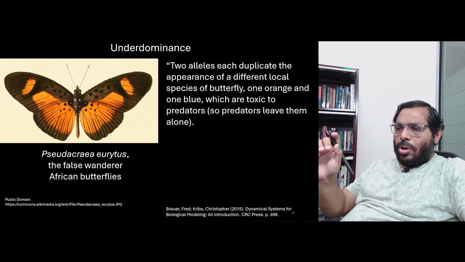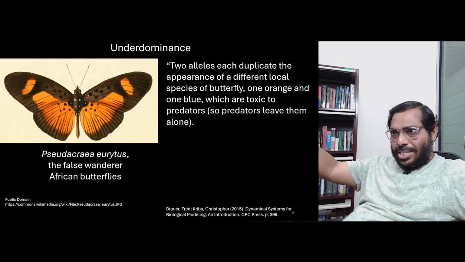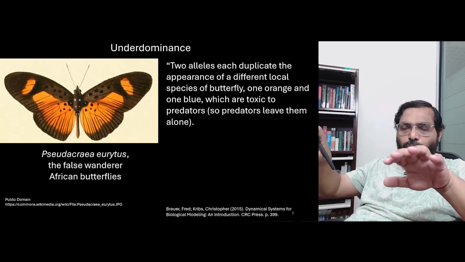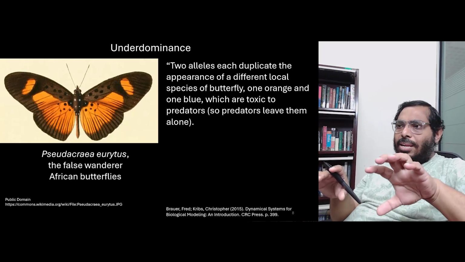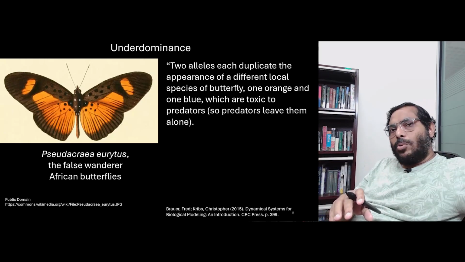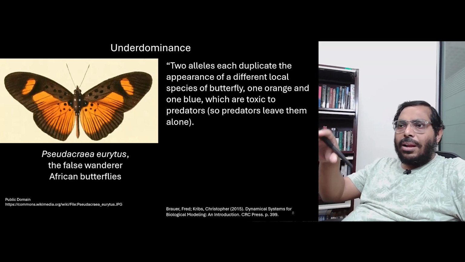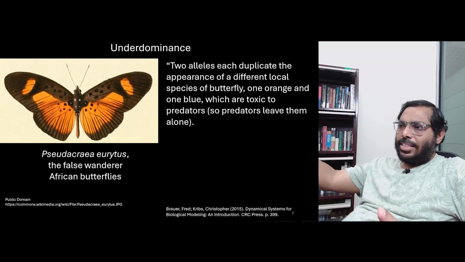Basically there are two different species, other species, not the false wanderer, and one allele makes the false wanderer blue and makes it resemble one species, and the other allele makes it orange and makes the false wanderer resemble another species.